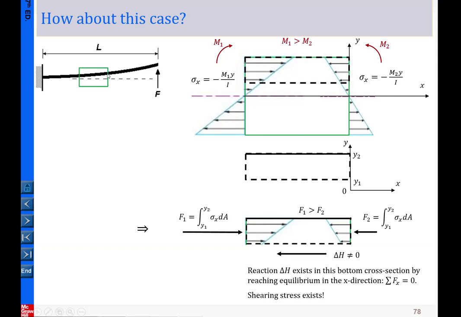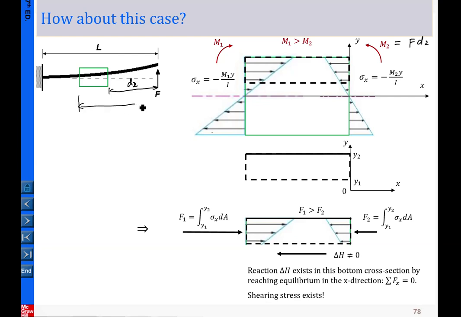Again, on this side, when we take the free body diagram, we should expect the bending moment M2. Let me say the distance here is D2. So M2 should be equal to F times D2. You can verify that one.